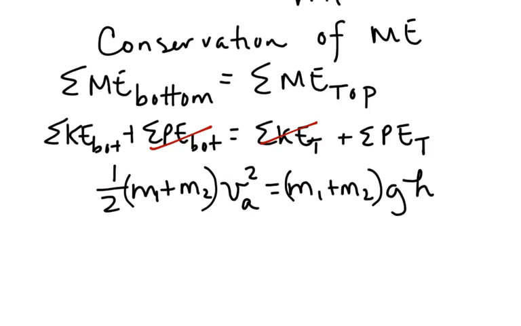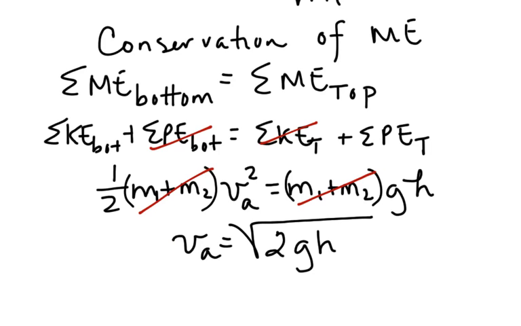So writing out these formulas, the kinetic energy at the bottom of the swing after impact is 1/2 multiplied by the combined masses multiplied by the velocity after impact squared. And that's equal to the gravitational potential energy of both objects at the top of the swing. Hopefully you can see here that the masses do cancel, and then by rearranging this formula for V sub A, we get the square root of 2gh.